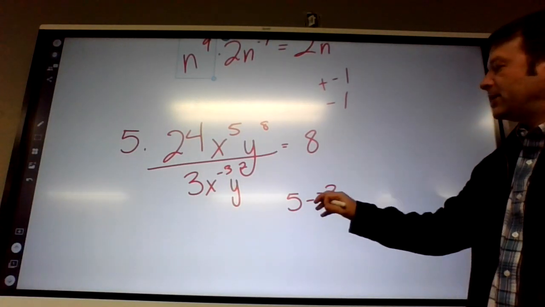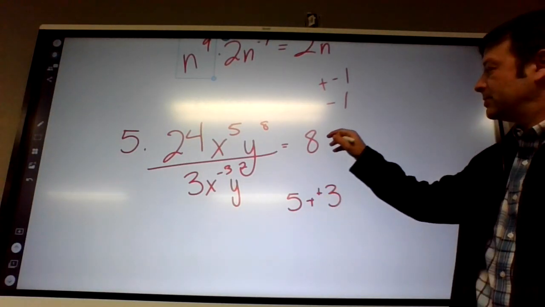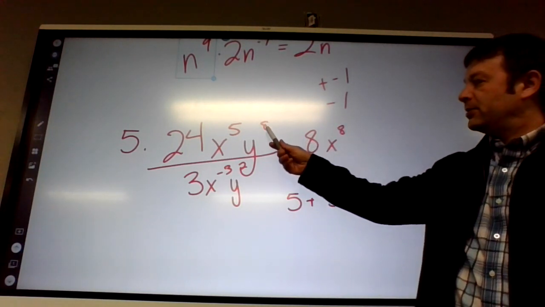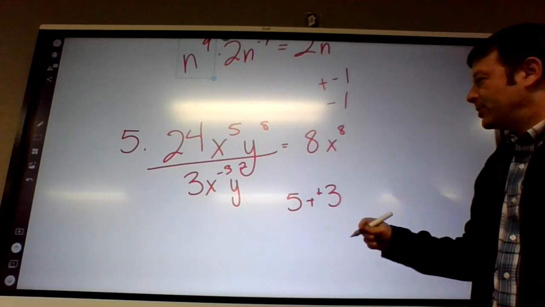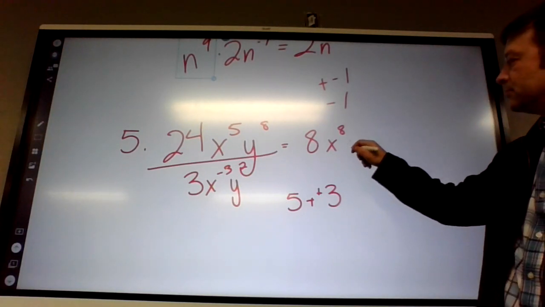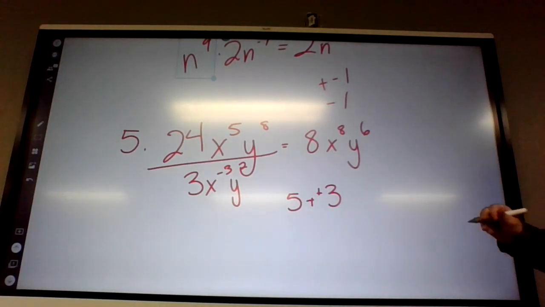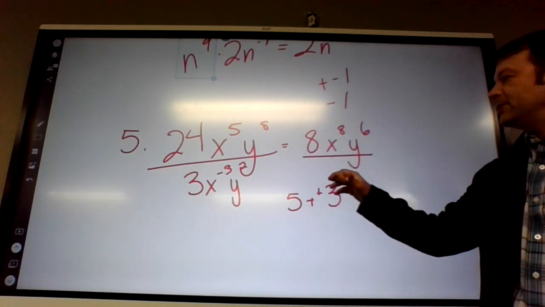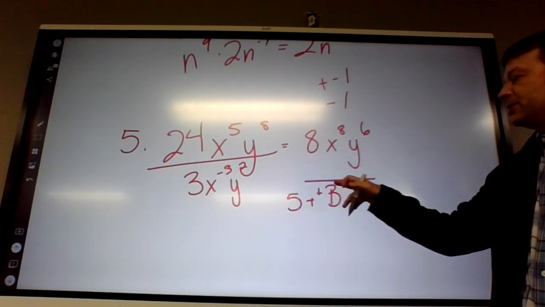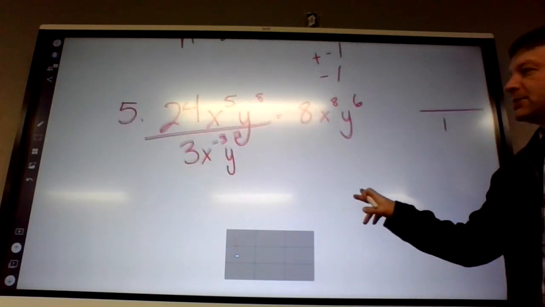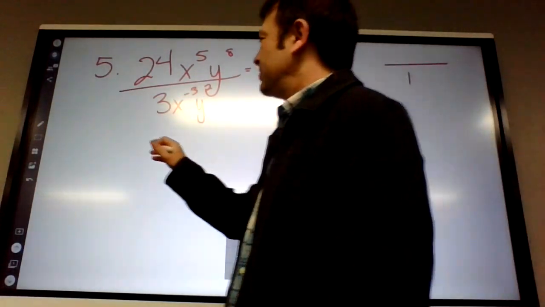Yeah, when you do the minus negative, it becomes a plus. And then y8 divided by y2? Y6. So we don't have any negative exponents or anything, so there's nothing in the denominator. So you can put a 1 there, but it's not necessary. Alright, that's it.